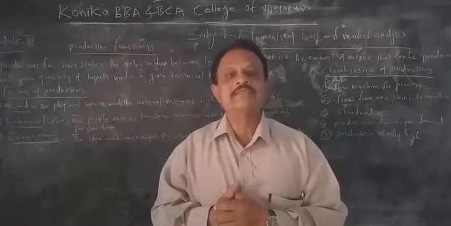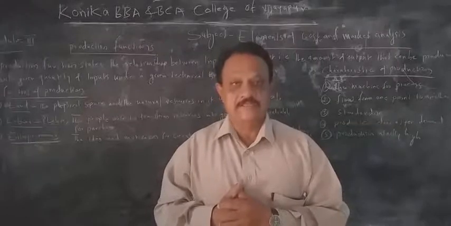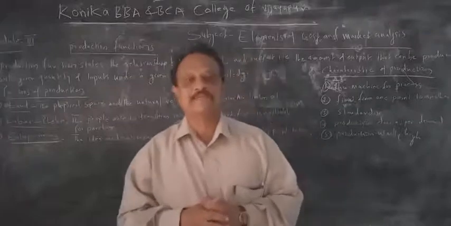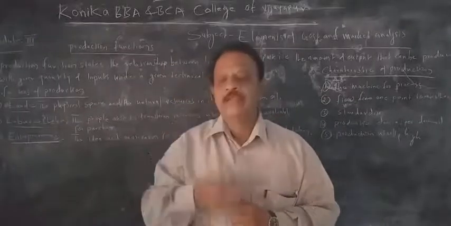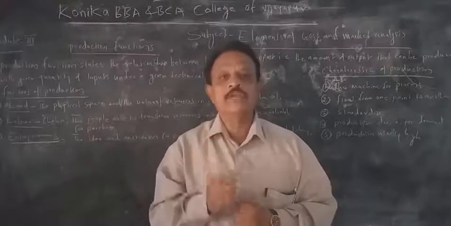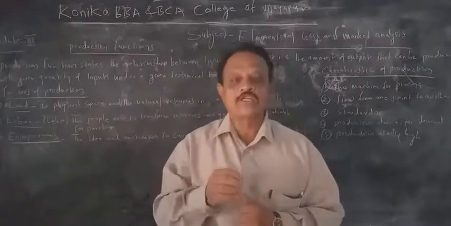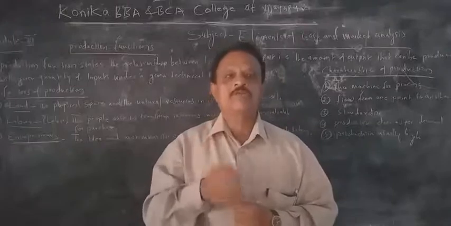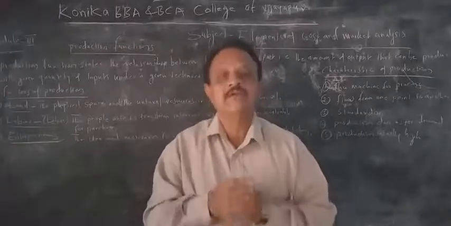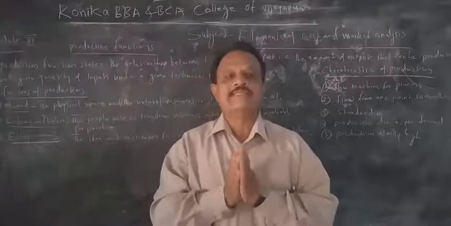Today's main headline is production functions. Under cost and cost concepts, we have completed many topics. Cost means whatever money you spend on making production, or on sending material from the production point to the consumer point; all the expenses incurred are a cost.